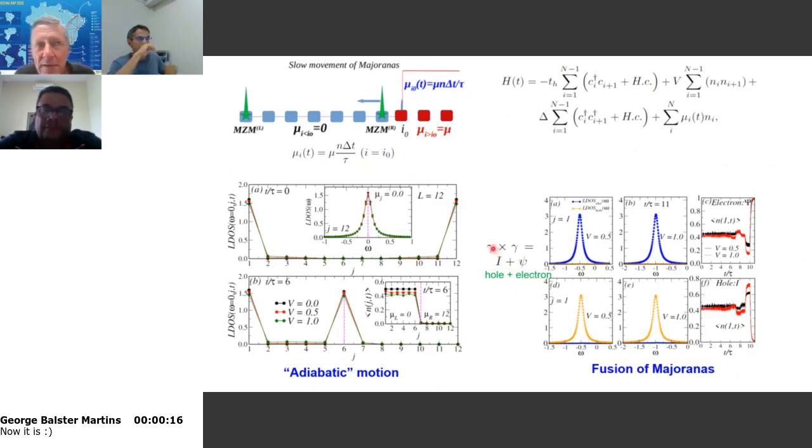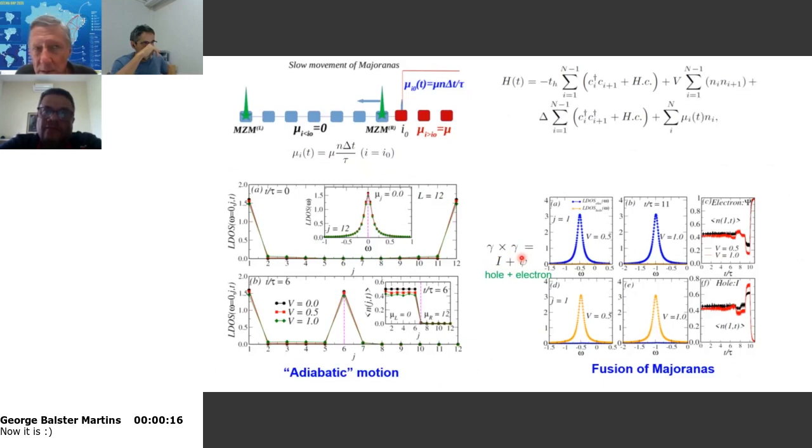Because the Majoranas, if you look, we have done it. When I say we, that means some of my young collaborators have done the decomposition of the local density of states, what portion is electron-like and what portion is hole-like, and they found it's 50-50. So the Majorana is a mixture of equal weight of an electron and a hole, but when you put them one on top of the other, they can decay either into a full hole or a full electron.